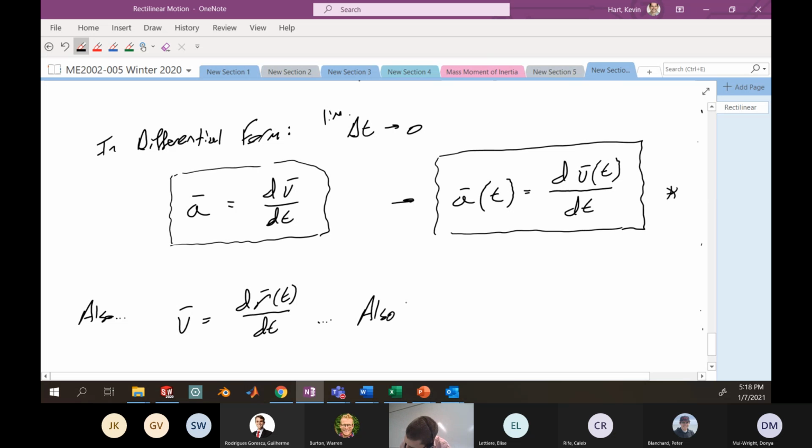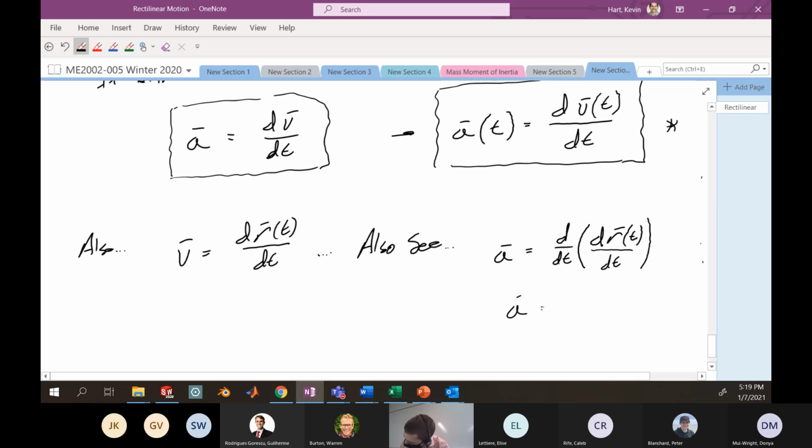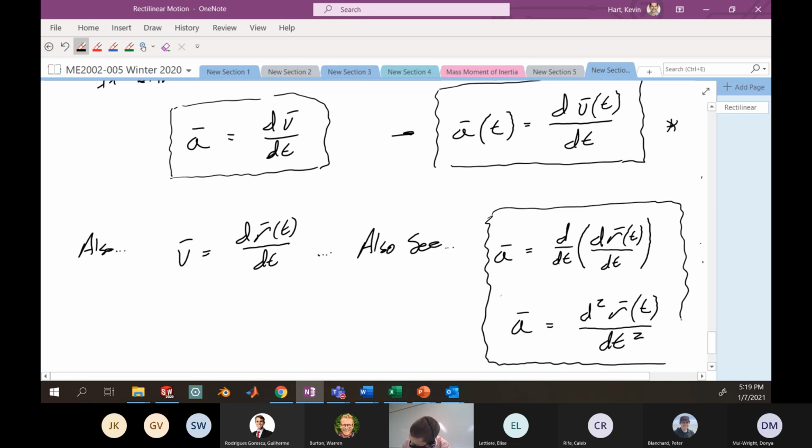So you may also see an alternate expression here, which is that the acceleration is the derivative with respect to time of the derivative of the position with respect to time, which is usually written as, I need a little more space here, the second derivative of the position with respect to time. All these are useful. One last one.